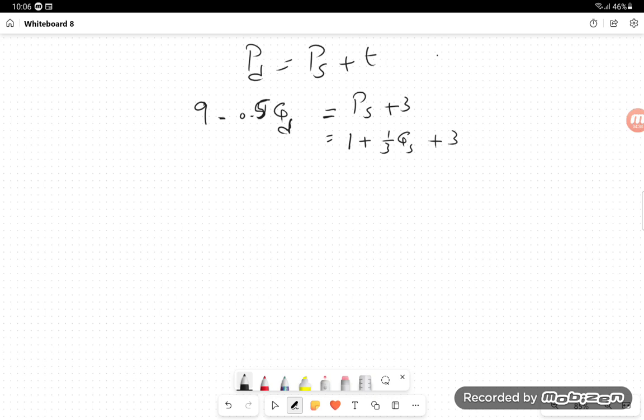So the equilibrium quantity after solving the equation will be 6. Before imposing taxes, the equilibrium quantity was 9.6, and after imposing taxes, the quantity will decrease to 6 instead of 9.6.